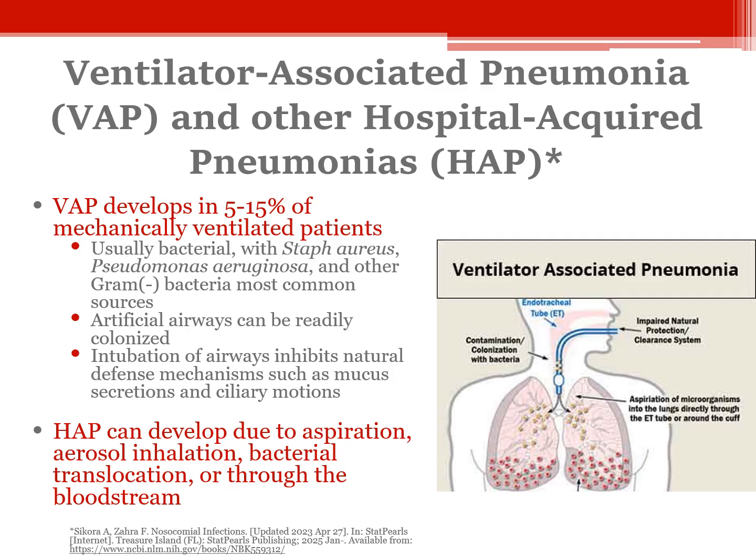And of course, these artificial airways can be readily colonized on the inside through the formation of biofilms, just like catheters can. But then also, this artificial airway defeats a couple of important mechanisms that our body has. We have some natural defense mechanisms in our upper airways to help us get rid of bacteria and other invaders. One of them is the secretions of mucus.